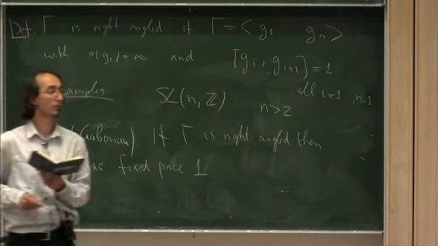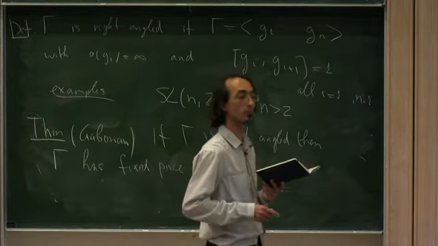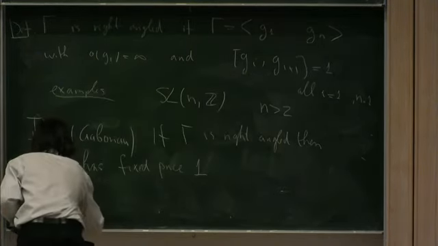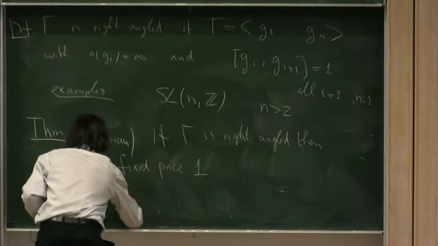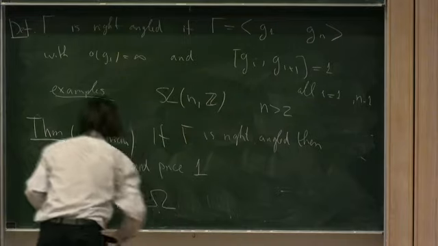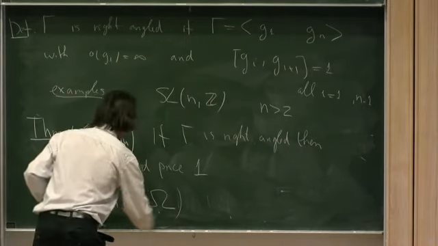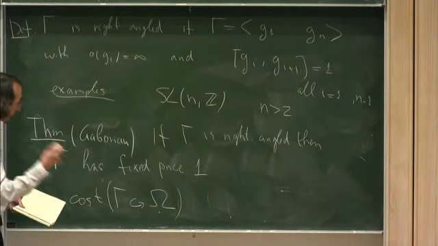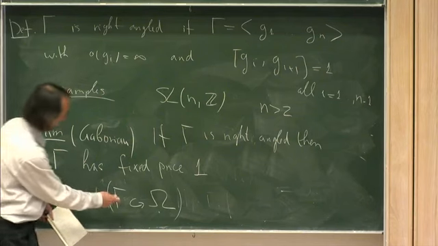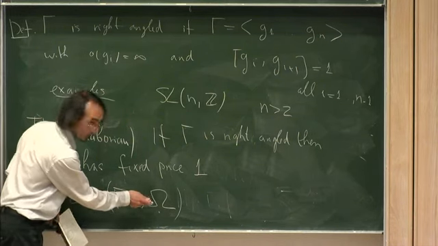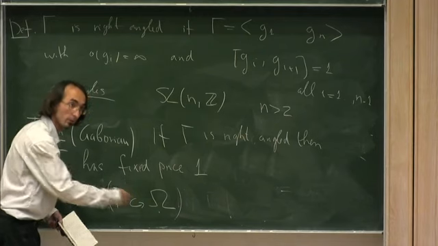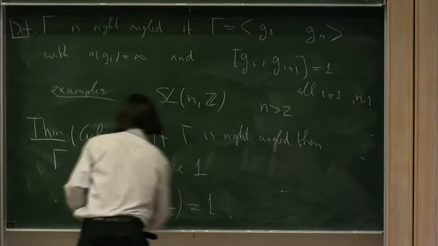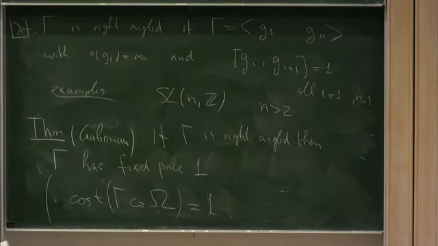What's a fixed price? You can have a fixed price 1. So this means that the cost of gamma acting on every probability space: if this is a measurable space of total measure 1, non-atomic, on which gamma acts ergodically by measure preserving transformations, then the cost of this action is equal to 1.